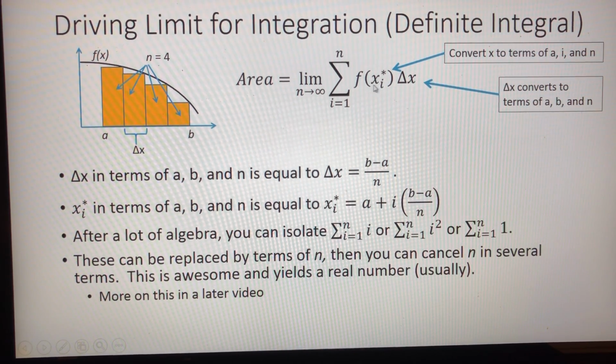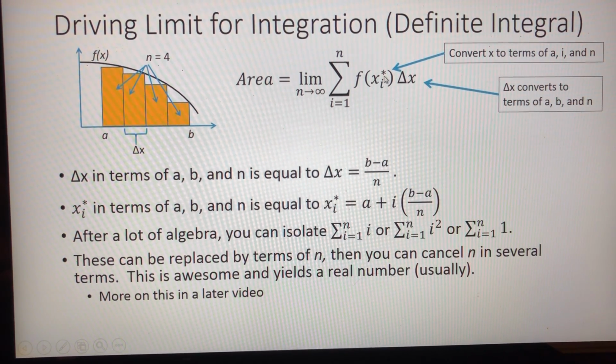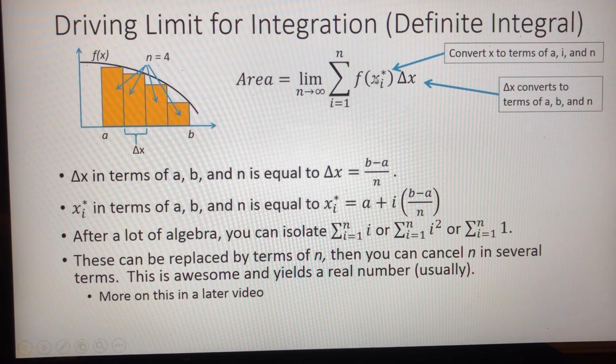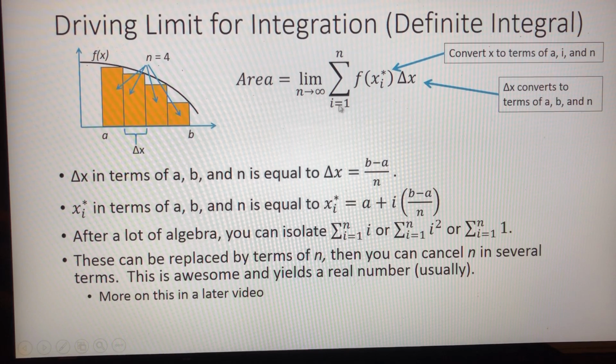So if you look here, f of x is actually the height at that particular x, the height to reach that curve. And then your delta x is the thickness of the box. There's an i and an asterisk here, meaning that you're not really plugging in x here, you're plugging in i and n, because in the summation you need to have something changing, and that i is incrementing through 1, 2, 3, 4, 5, 6, and so on.